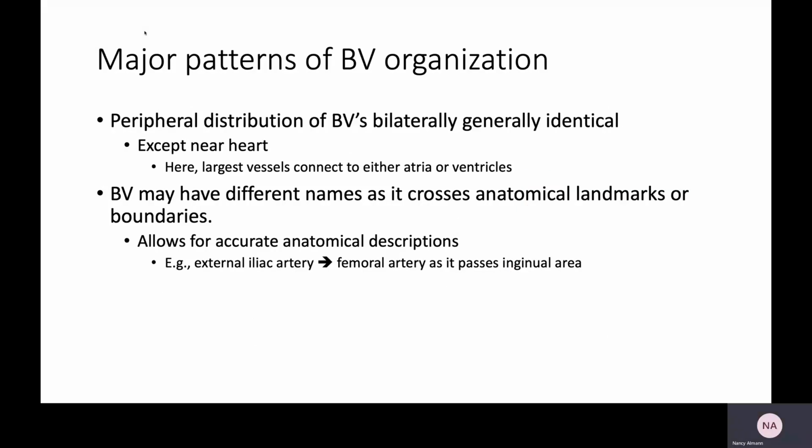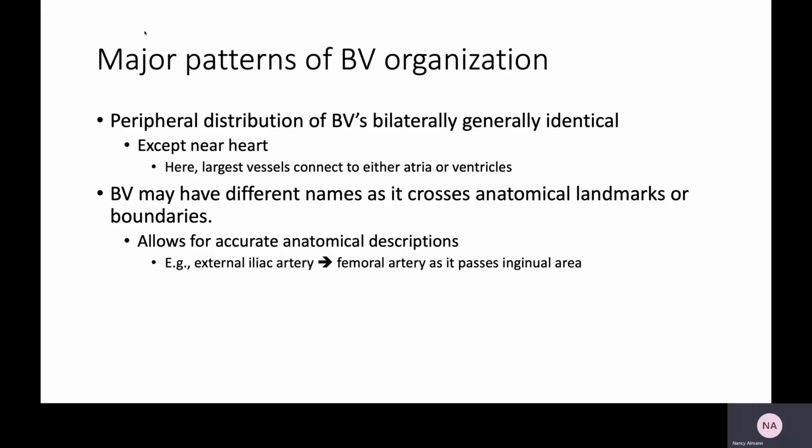So when we talk about the blood vessels in the periphery, in general, they're going to basically be identical bilaterally, except near the heart. Somewhat like a meandering country road, blood vessels might have different names depending on the location in which you find them, which allows for accurate anatomical descriptions and also helps you locate them.